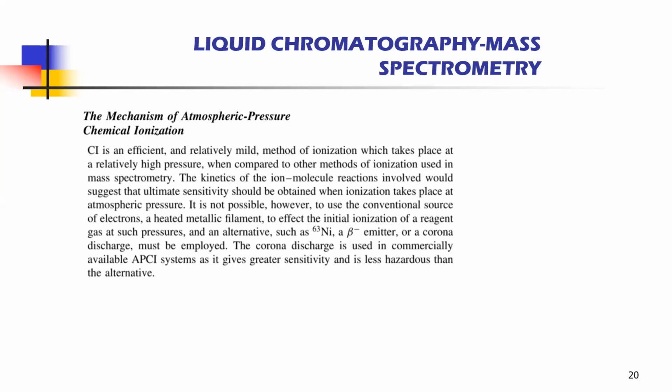It is not possible, however, to use the conventional source of electrons, a heated metallic filament, to effect the initial ionization of the reagent gas at such pressures, and alternatives such as nickel-63, a beta emitter, or a corona discharge may be employed. The corona discharge is used in commercially available atmospheric pressure chemical ionization systems, as it gives greater sensitivity and is less hazardous than the alternative.